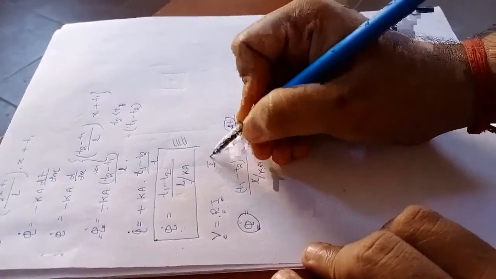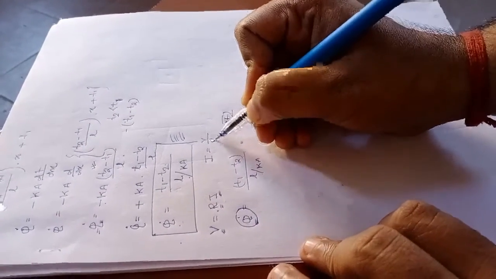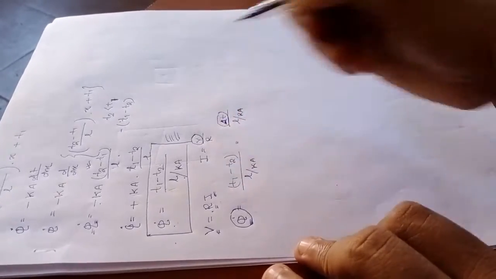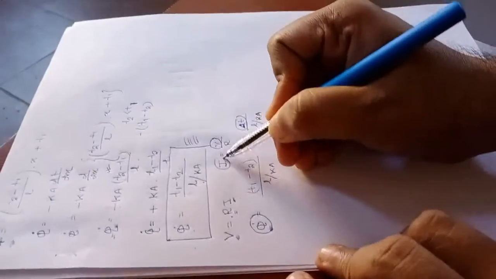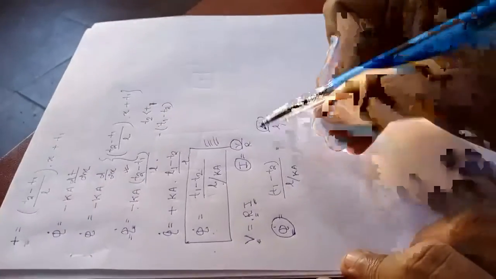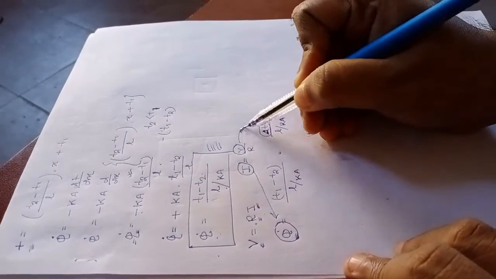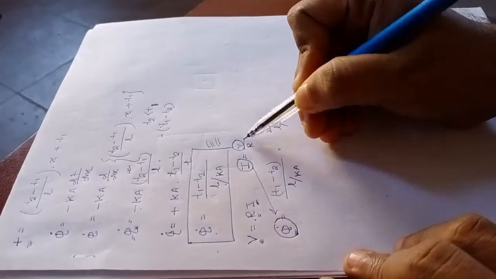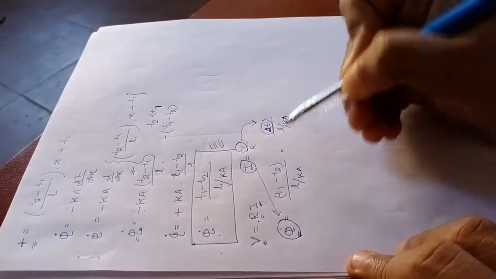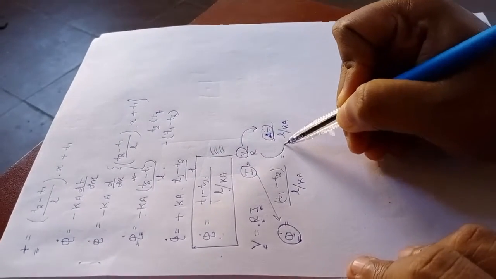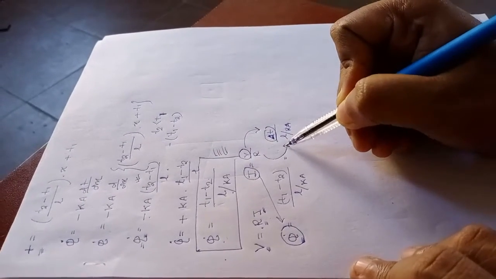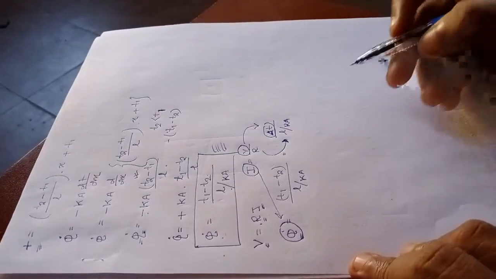Similarly, if we compare with this, we can say V by R. Because of this voltage difference, this current flow occurs. So we are getting the similarity between I and Q, and V as del T. Similarly, we can say R has similarity with L by KA.